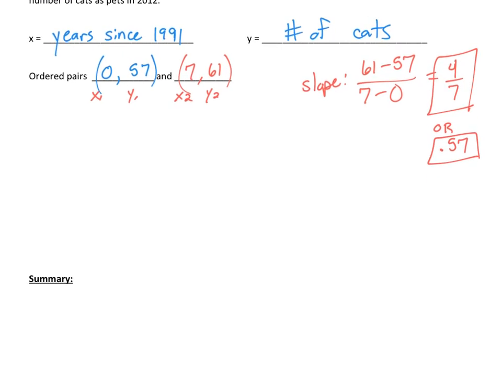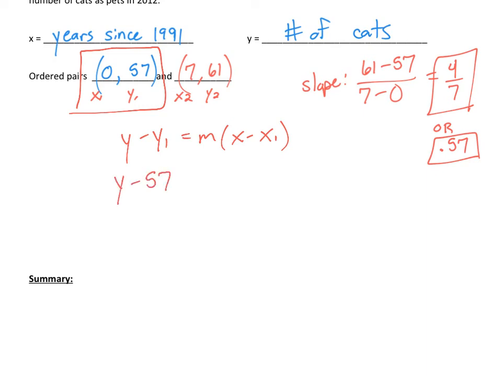I'm going to pick a point from here. I'm going to pick my first point, my x1, y1, and I'm going to use my point slope form. So it would be y minus 57 equals 4 over 7 times x minus 0.